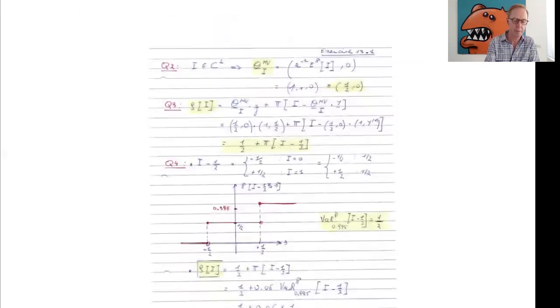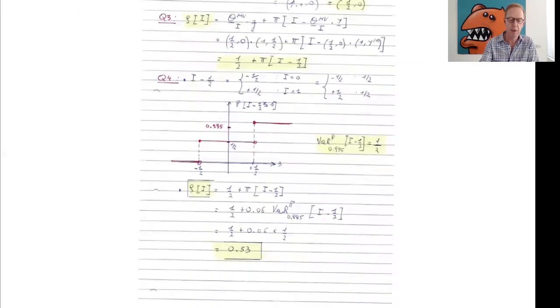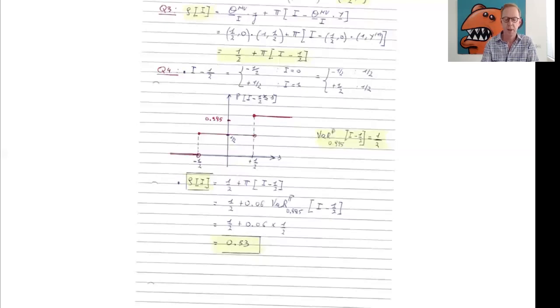Let's have a look at the solution. Well, we have to calculate here rho of I is 1/2 plus pi of I minus 1/2, or 1/2 plus 6% of the 99.5 value at risk at level under P of I minus 1/2. So the first thing we want to do is have a look at the distribution of I minus 1/2.